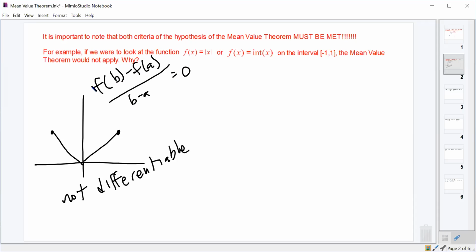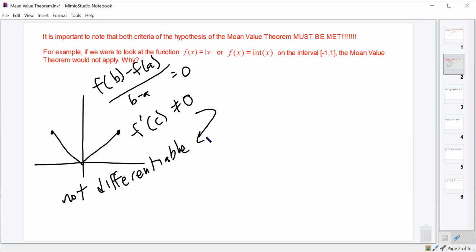And clearly, nowhere along here is the derivative equal to 0, because here the derivative doesn't exist, and on one side it's 1, and on the other it's -1. So f prime of c does not have to equal 0, because it's not differentiable. Now that doesn't mean that it might not. There might be a place where it does for some other function, but it's not guaranteed that it does.